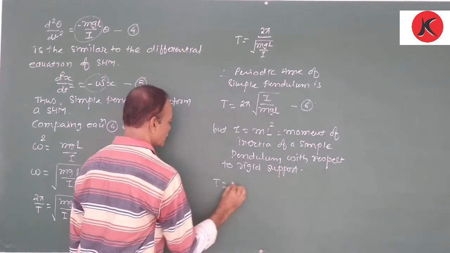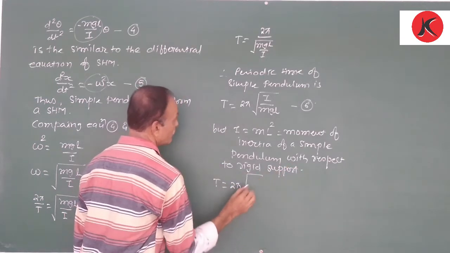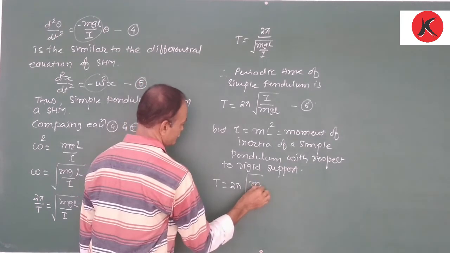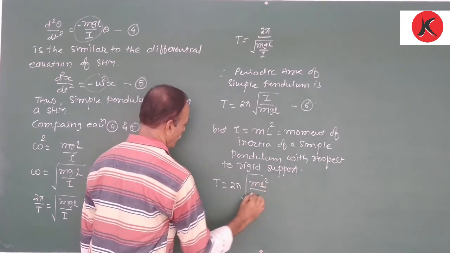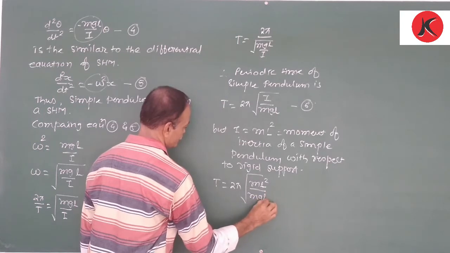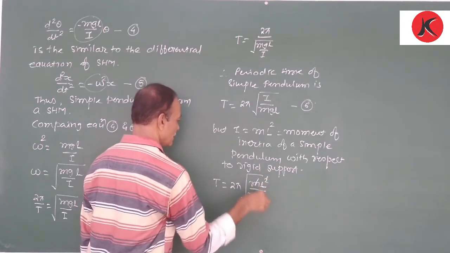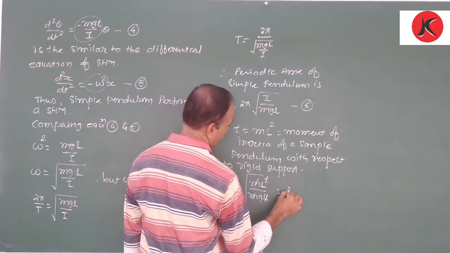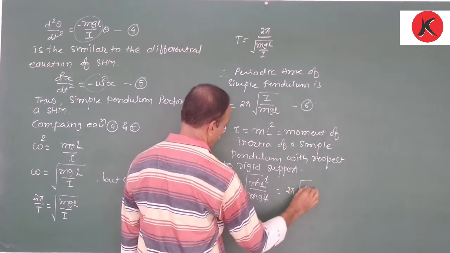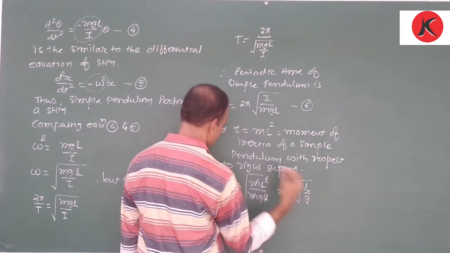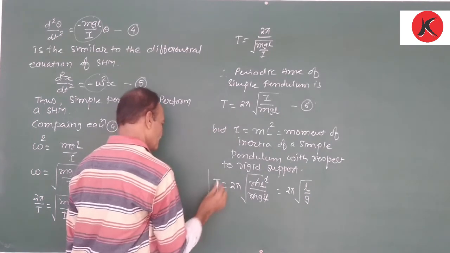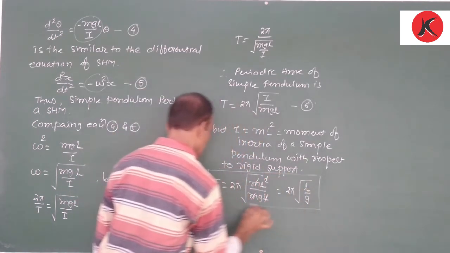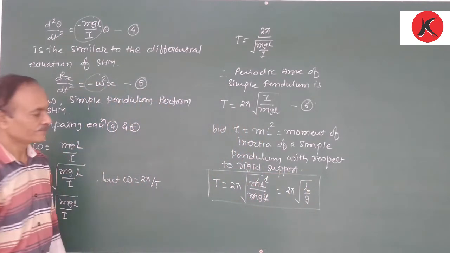Therefore T = 2π√(ml²/mgl). m cancels, one l cancels. Therefore T = 2π√(l/g) is the equation of periodic time of a simple pendulum.